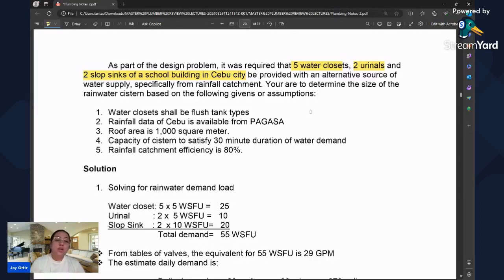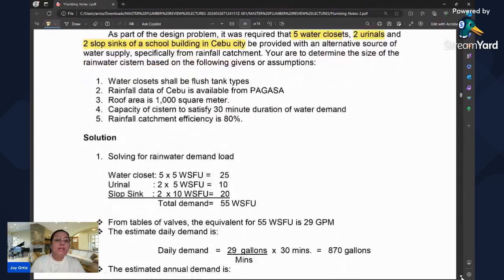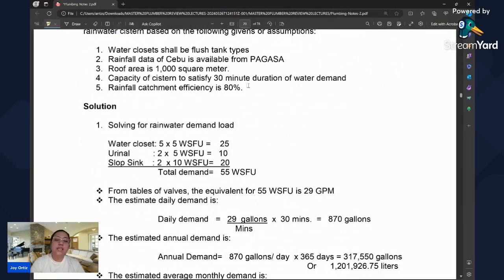First, the water closets shall be flush tank types. Second, rainfall data of Cebu is available from PAGASA. Third, roof area is 1,000 square meters. Fourth, capacity of the cistern to satisfy 30 minutes duration of water demand. And fifth, rainfall catchment efficiency is 80%.